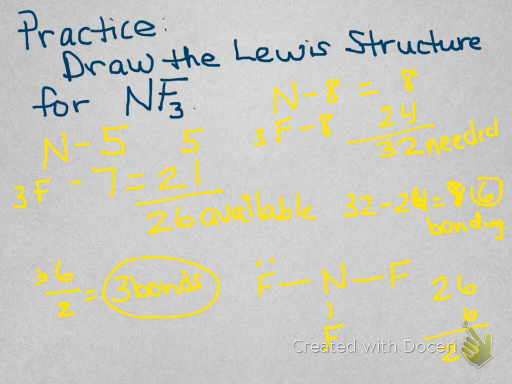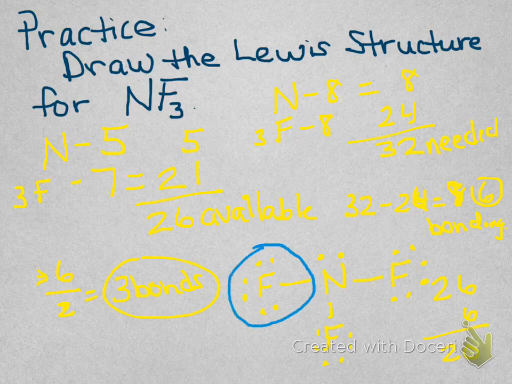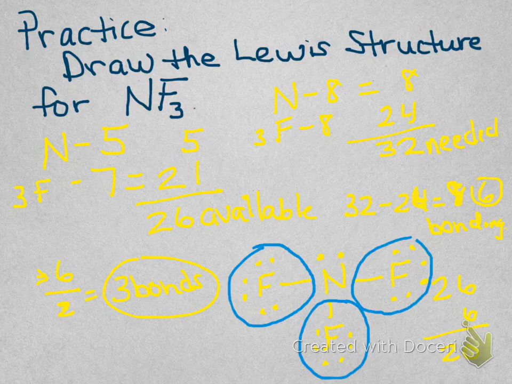So we put 1, 2, 3, up to 20. Now if you look, fluorine now has 2, 4, 6, 8 valence electrons. This fluorine has 8 valence electrons. This fluorine has 8 valence electrons. And the nitrogen has 8 valence electrons. So this is our Lewis structure for NF3.